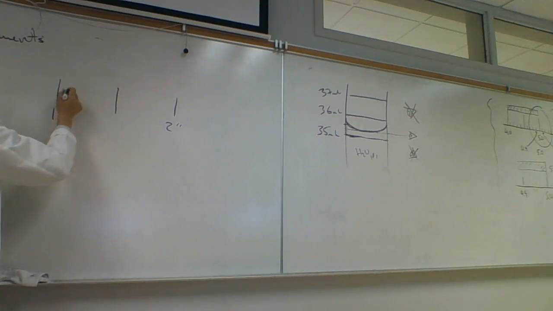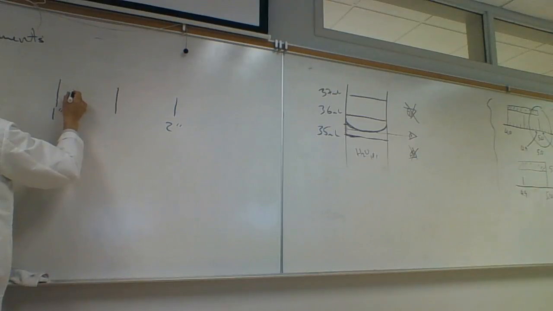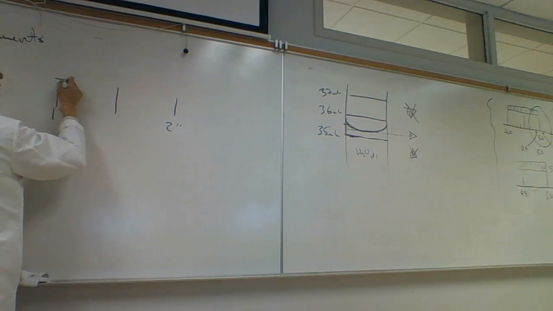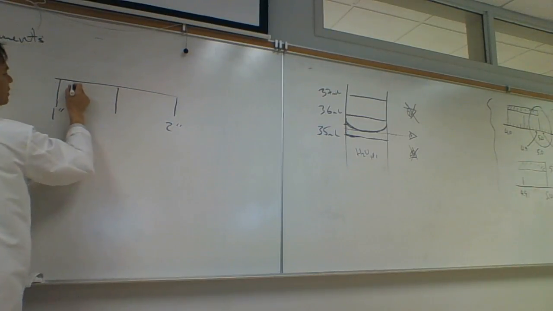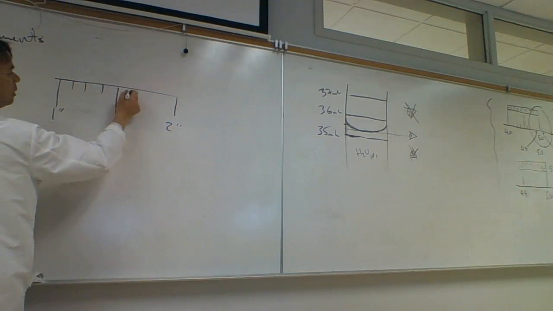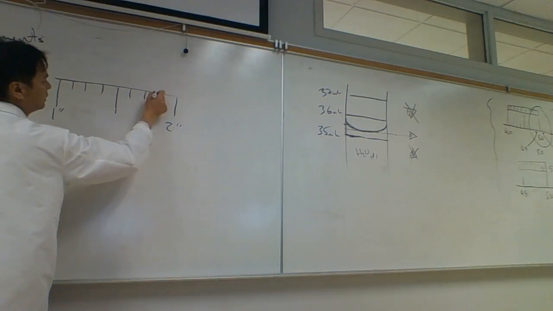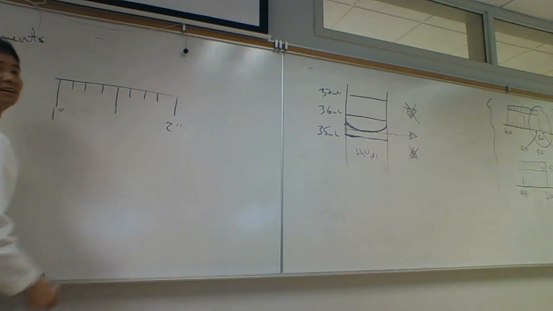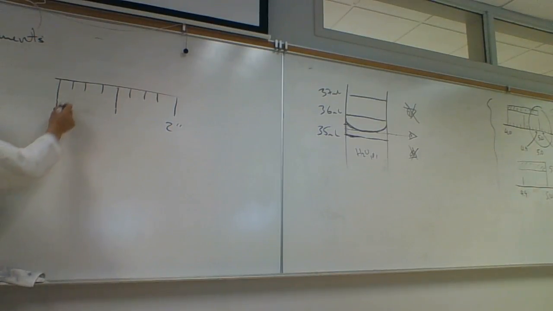And we could have these marked at eighths. And so it could go like this. If it's marked in eighths, there'd be 1, 2, 3, 4, 5, 6, 7, 8. That's not so great, but you get it. So this would be 1/8. This would be 2/8. 2/8 is the same thing as 1/4.